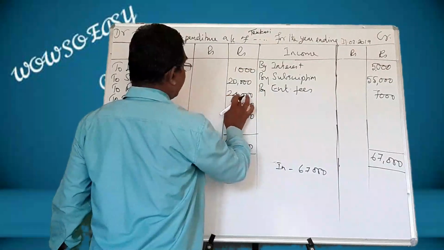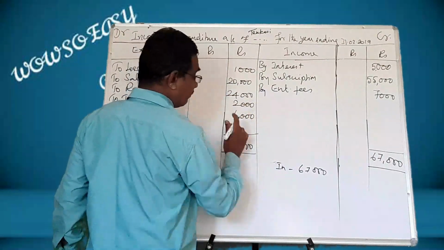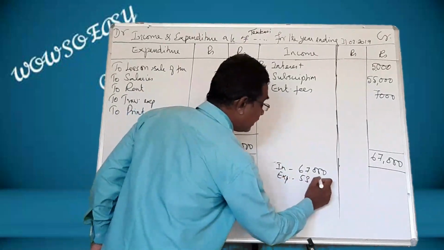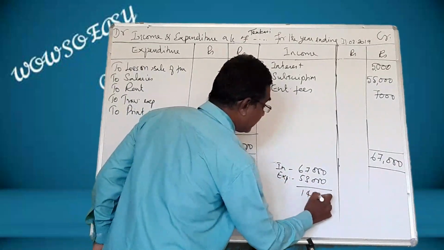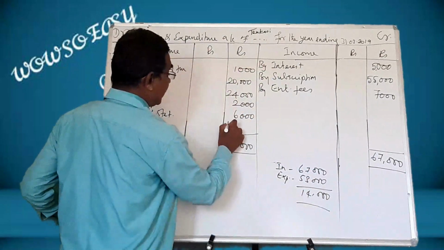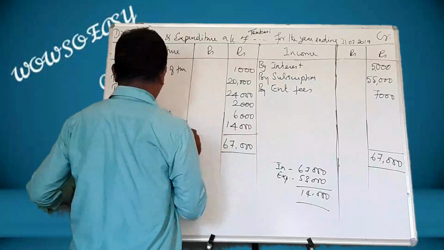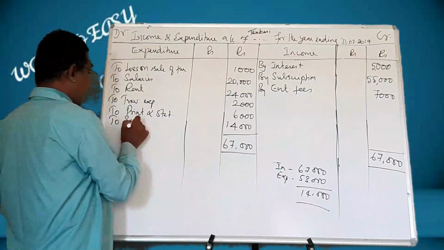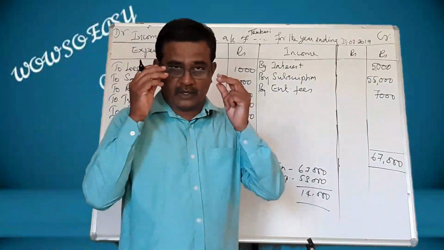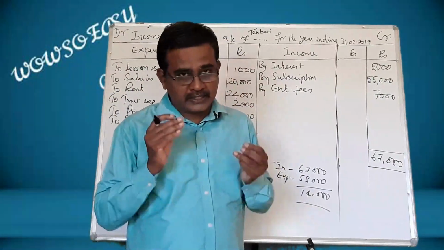That is the expenditure side, 53,000. So this side is exceeding by 14,000, and this 14,000 is the surplus, and this surplus will be taken to the capital account. So have you understood?